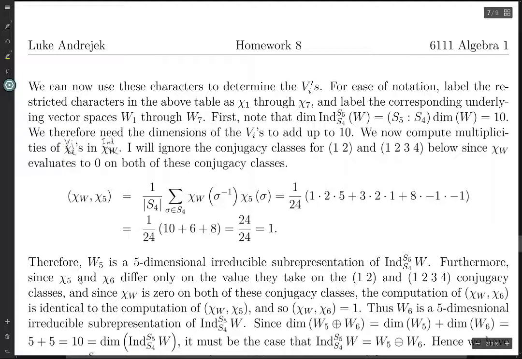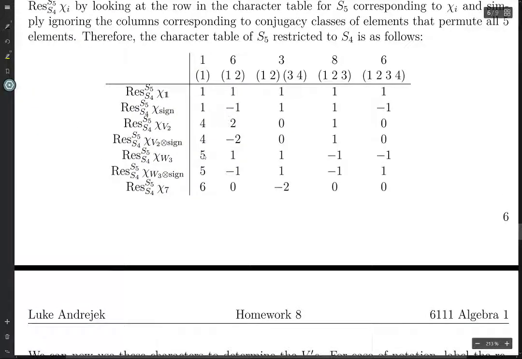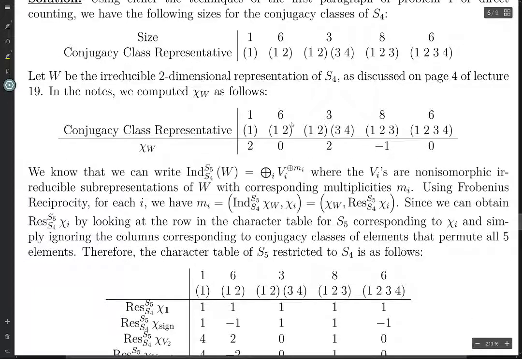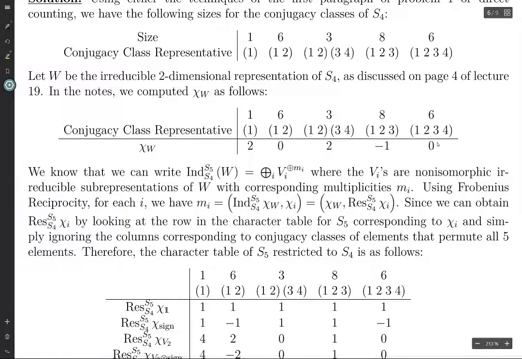Now let's look at chi 5 and chi 6. These two, where do they differ? They differ on this one corresponding to 1, 2, and on this one corresponding to 1, 2, 3, 4. But look here, at 1, 2, chi W is 0, and the one containing 1, 2, 3, 4 is also 0. So when we compute the inner product, it doesn't take into account these two columns.